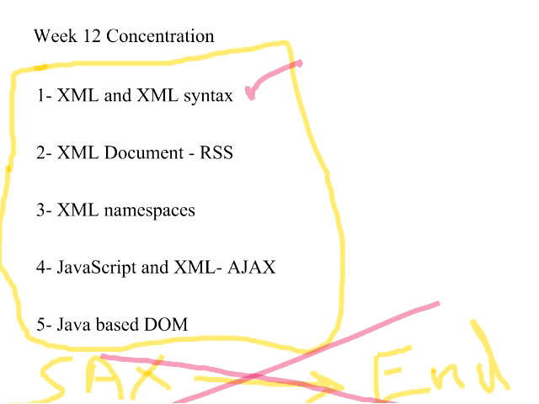Also we investigated XML documents, and we got RSS as an example of an XML document. Also we discussed XML namespaces. So in this session we will continue with JavaScript and XML for Ajax and Java-based DOM.